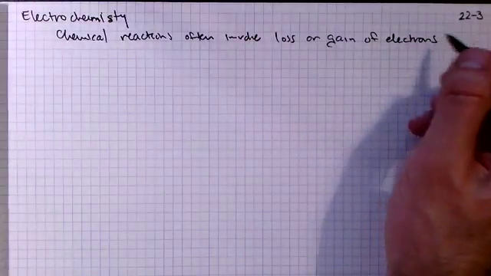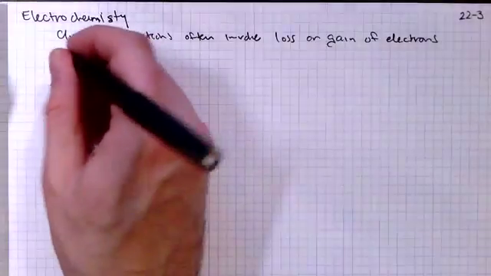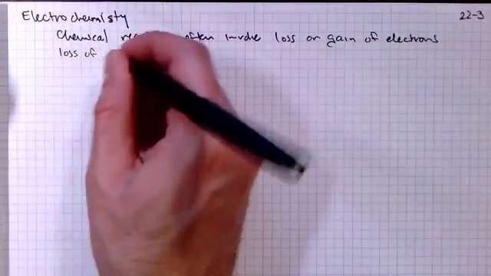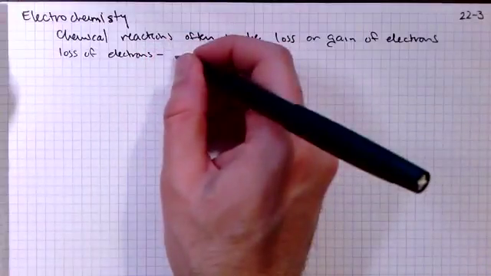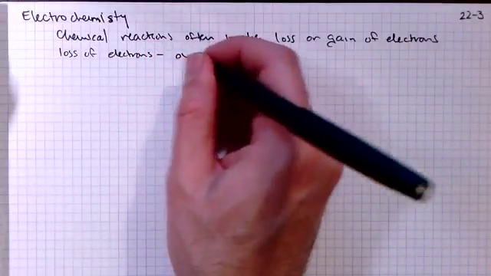And loss of electrons is referred to as oxidation.